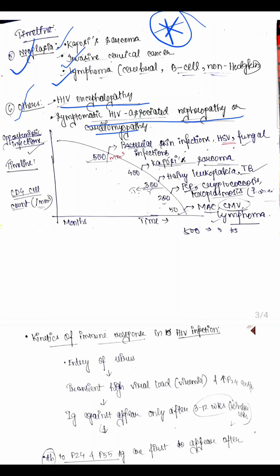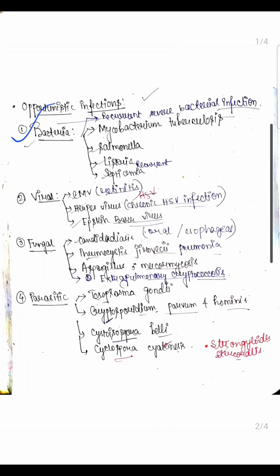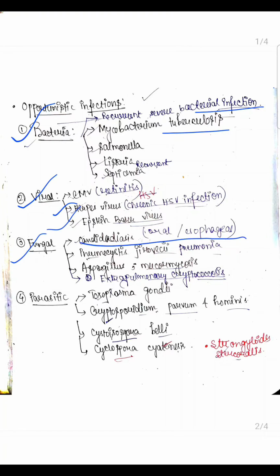This is not much important, but the first 5 categories that I have stated are very important to remember: the bacterial infections, Mycobacterium tuberculosis or TB, then severe bacterial infections, in case of virus, herpes virus, Epstein-Barr virus, and parvovirus B19 infection, the fungal, candidiasis, oral and esophageal, Pneumocystis jirovecii pneumonia, as well as the parasitic infections.